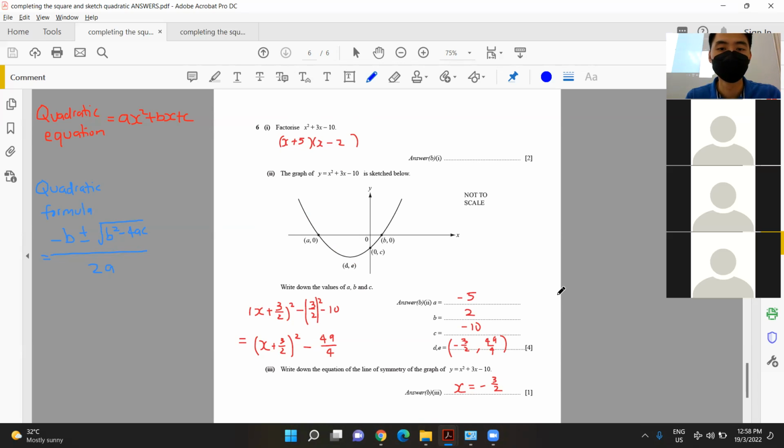Line of symmetry is just the x line value. -3 plus minus the square root of 9 plus 16.